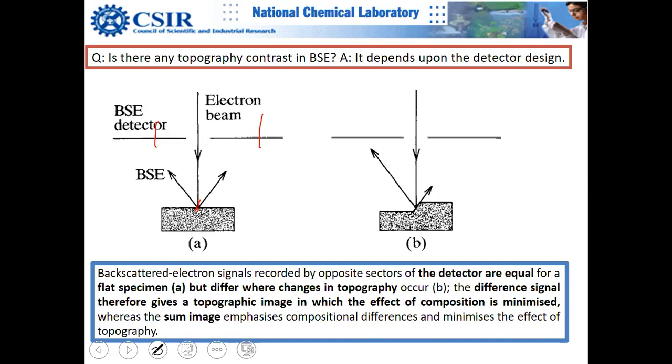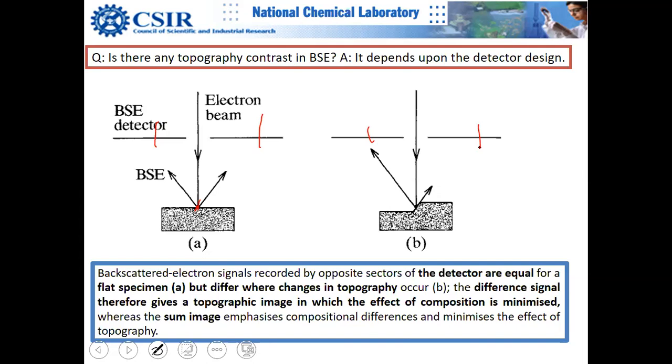But if there is any topographical variation, then this detector and this detector will get different amounts of information. So that is the reason the detector is cut into four parts.